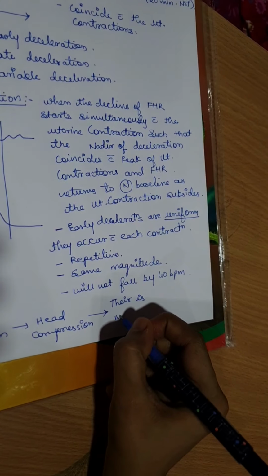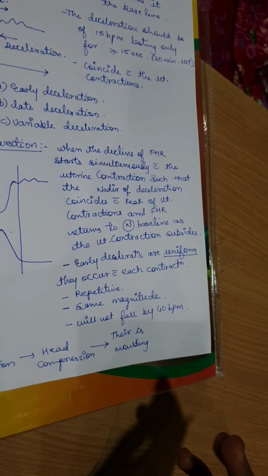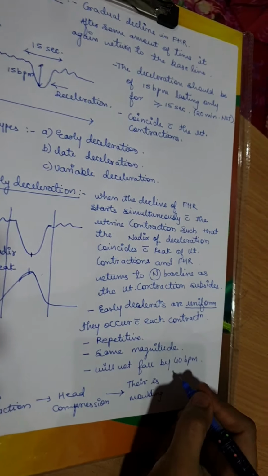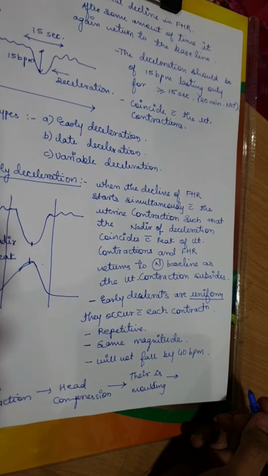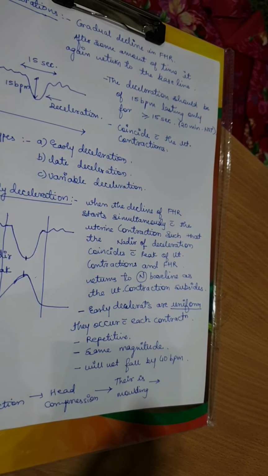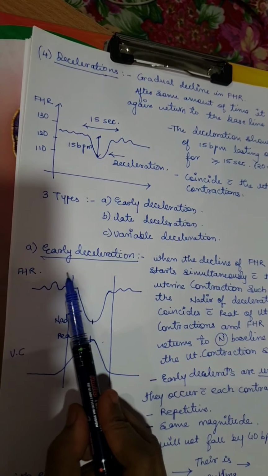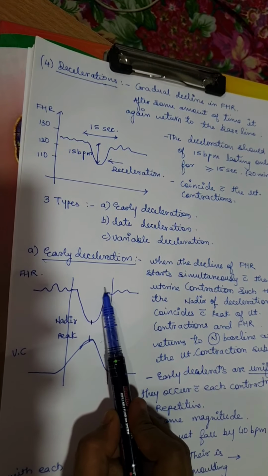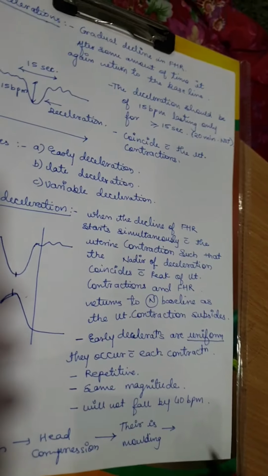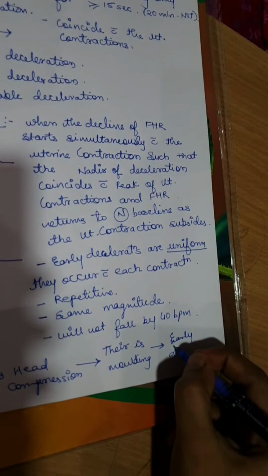And due to this head compression and overlapping of the parietal bones, by the decrease in the width of the sagittal suture, there is a pressure over the head, which we will see by this pattern, that is the early deceleration. So molding, so we see the early deceleration.